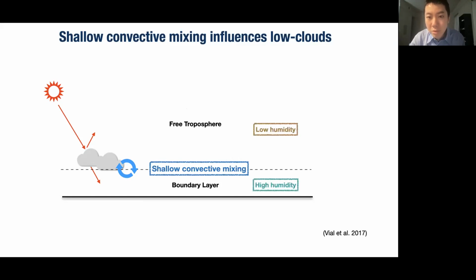For example, the free troposphere has low humidity and the boundary layer has high humidity. So the mixing between these two layers may decrease the water vapor gradient of these two layers and will have other climate effects.